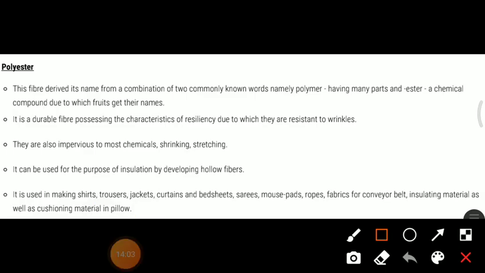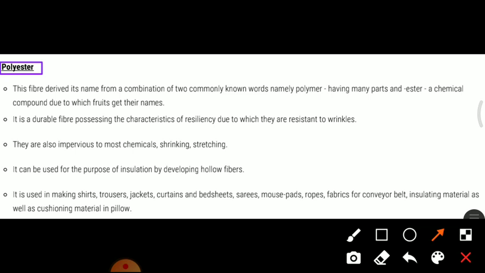Next fiber is polyester. Polyester is another synthetic fiber. Fabric made from this fiber does not get wrinkled easily. It remains crisp and is easy to wash. So it is quite suitable for making dress material.